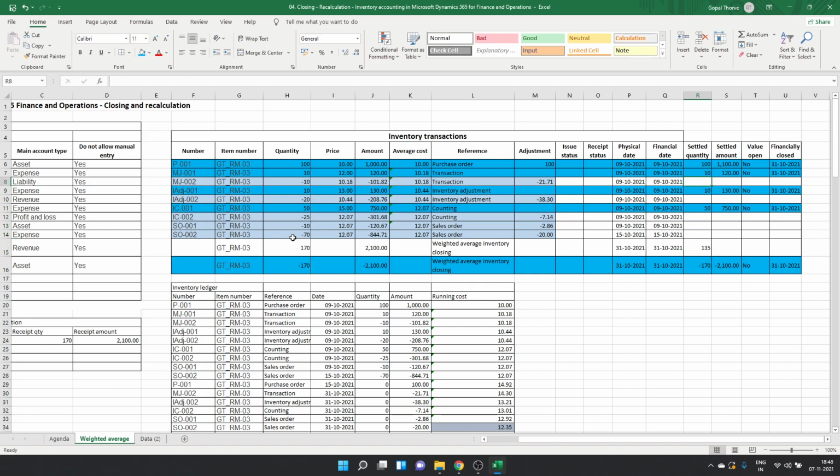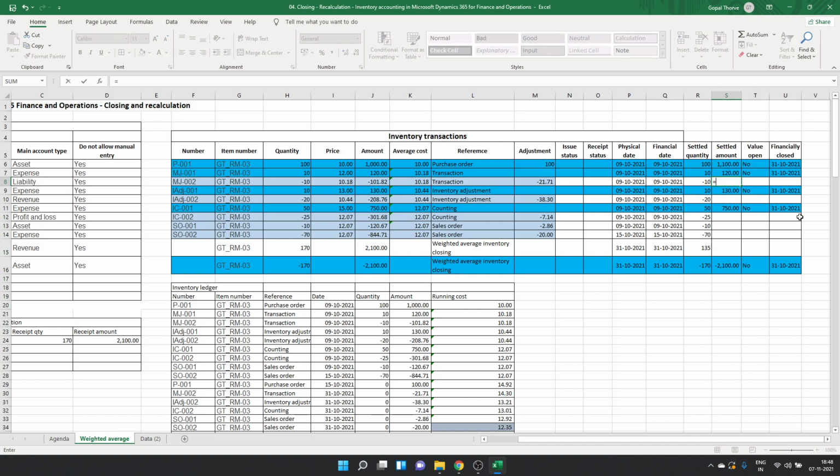This is also settled: minus 10 quantities settled, minus 20 quantities settled, minus 25, minus 10, minus 70. So 135 settled.